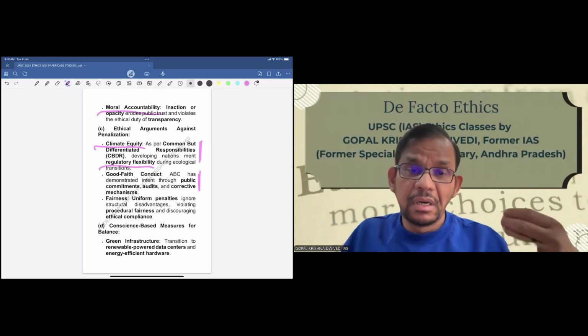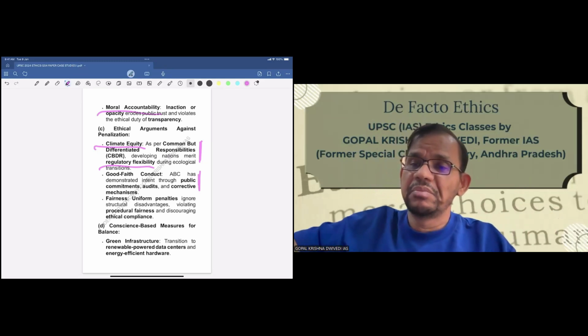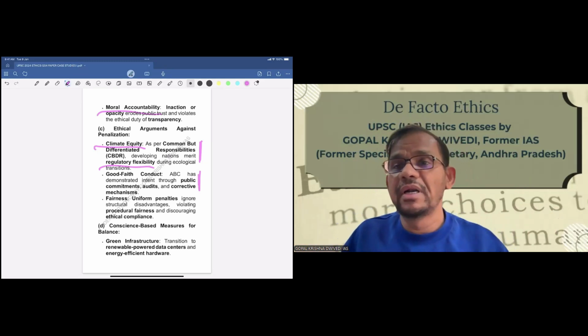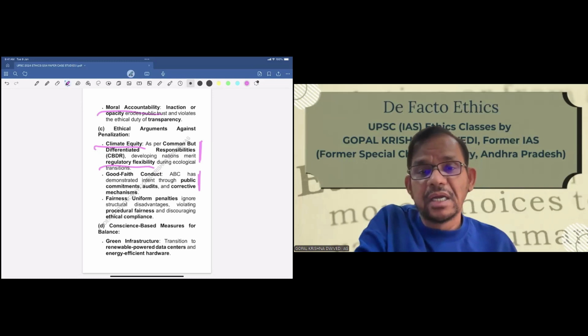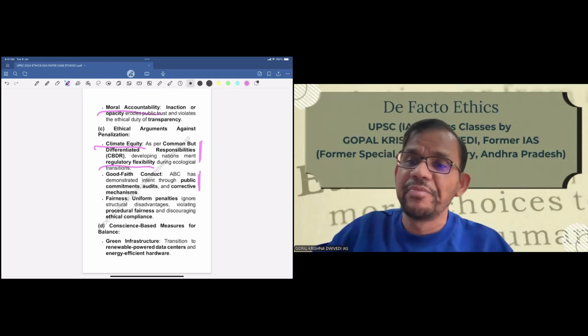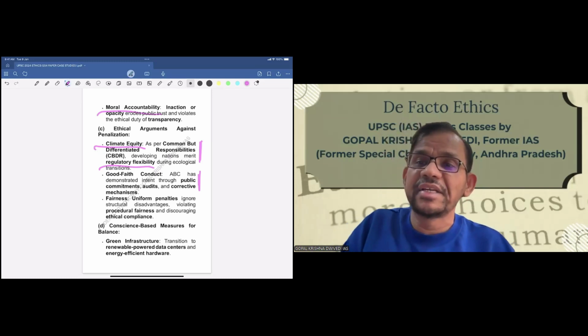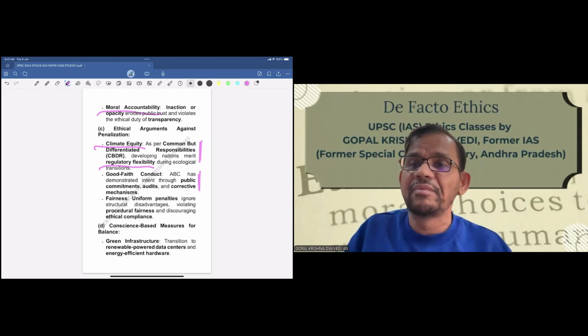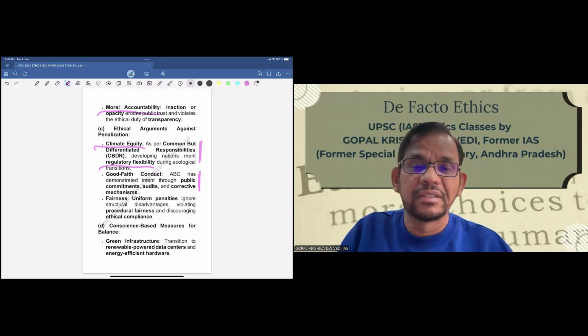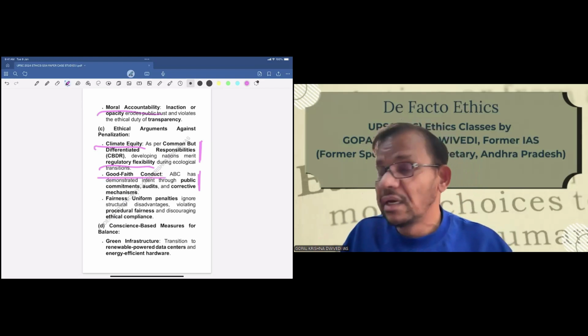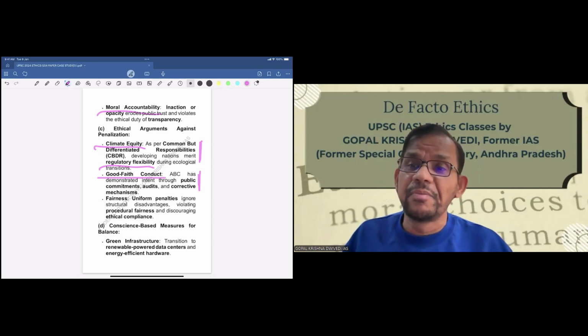We have already started an internal audit. We have already put a committee in place, and we are on for the corrective mechanisms. So we are very honest as far as the acceptance of the fault and corrective mechanisms are concerned. So good faith conduct is the second, strong argument which you will put forth.